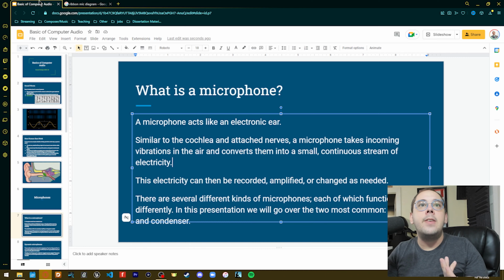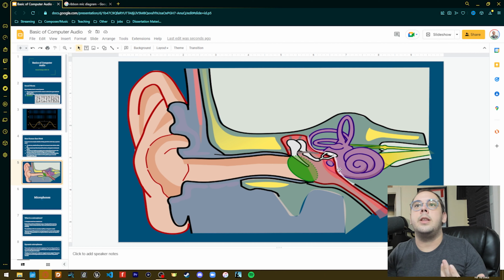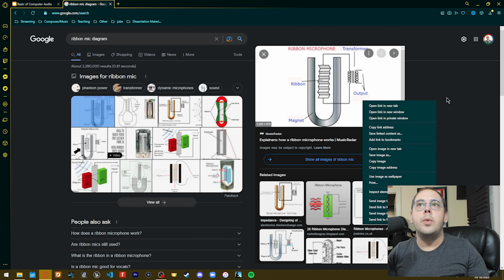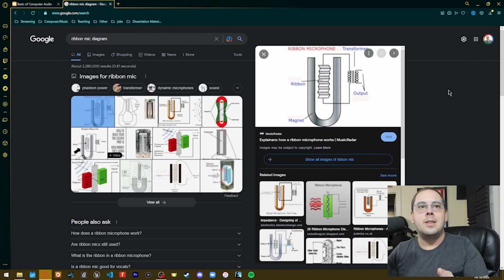Very, very similar in concept to the cochlea, where it stimulates different portions of the organ. And because this strip is also hooked into an electric circuit, which I'm not going to break down right now, it will change that voltage, and that gets sent out the back of the microphone to wherever we can interpret it as this electricity.